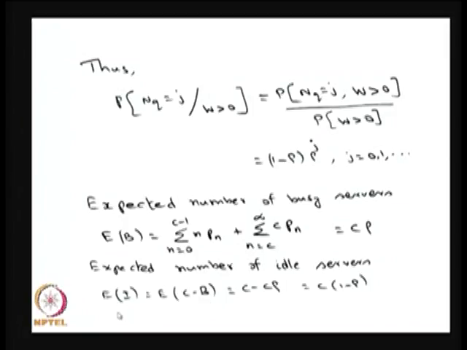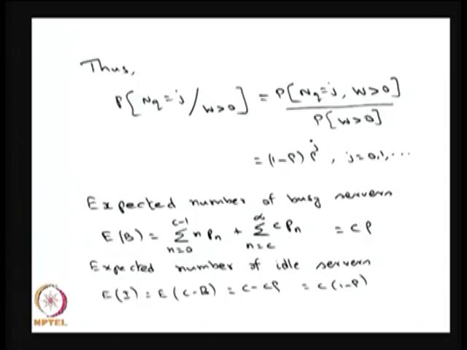Therefore, C minus B is the same as I. The expectation satisfies the linear property. Therefore, expectation of I is the same as expectation of C minus B. C is a constant and B is a random variable. Therefore, it is C minus expectation of B. Expectation of B, just now we got C times rho. Therefore, the expected number of idle servers is C times 1 minus rho.